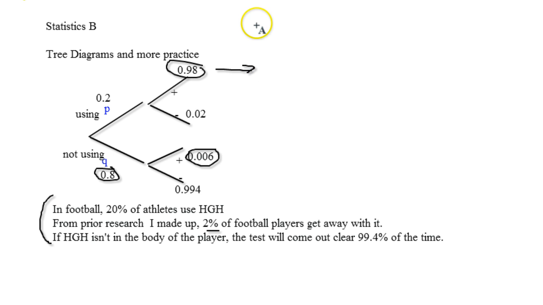So for right here, I'm going to go 0.2 times 0.98, and this will be a 19.6% chance that the person will get caught if they are doing it. Now this one right here is going to be 0.2 times 0.02. This will be 0.004.